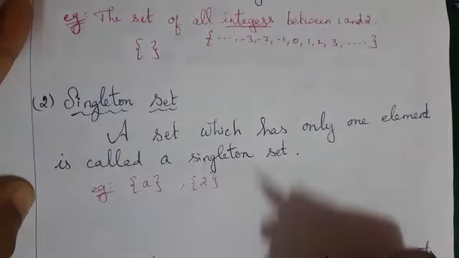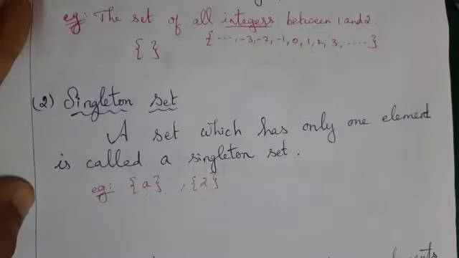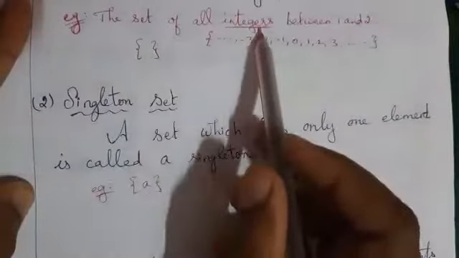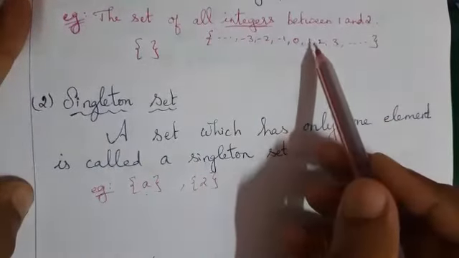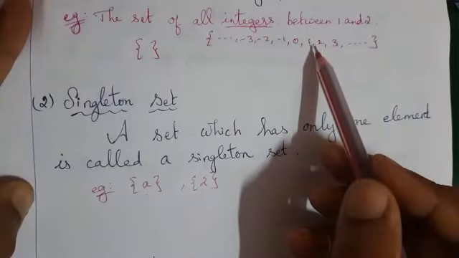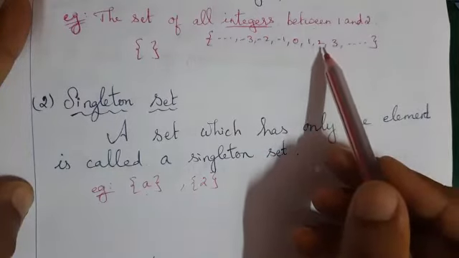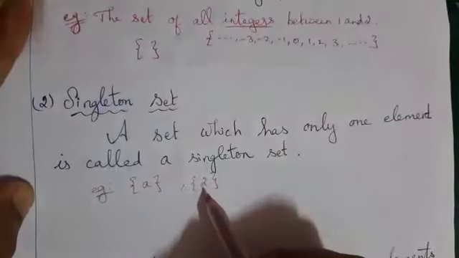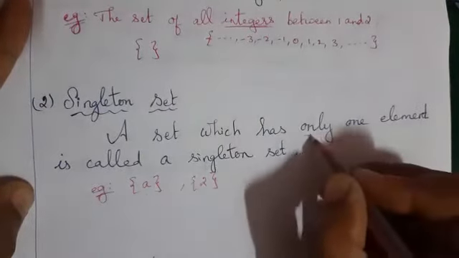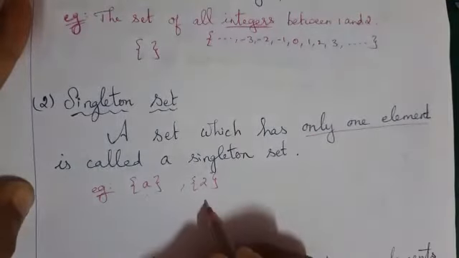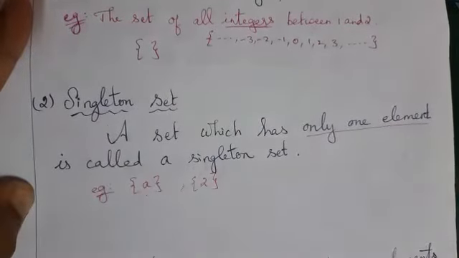That is also an example of a singleton set. Once again, between 1 and 3 you have 2. Therefore, only one element. If you have only one element inside the set, that is a singleton set.